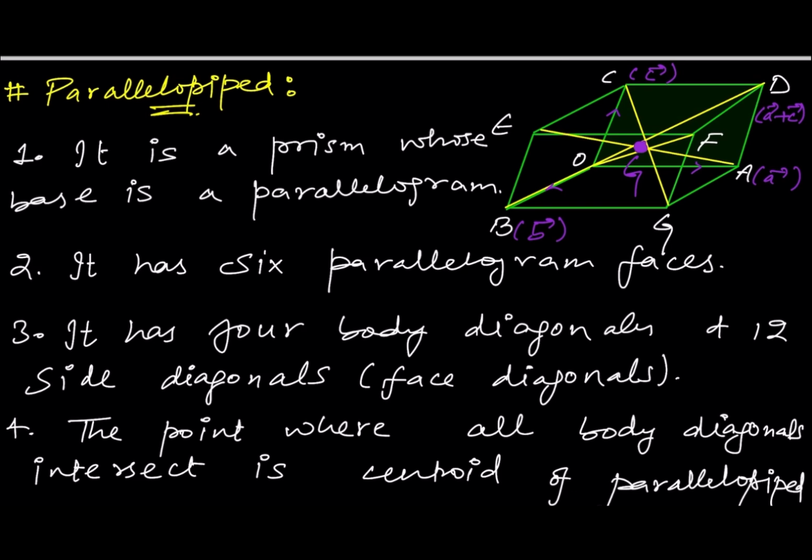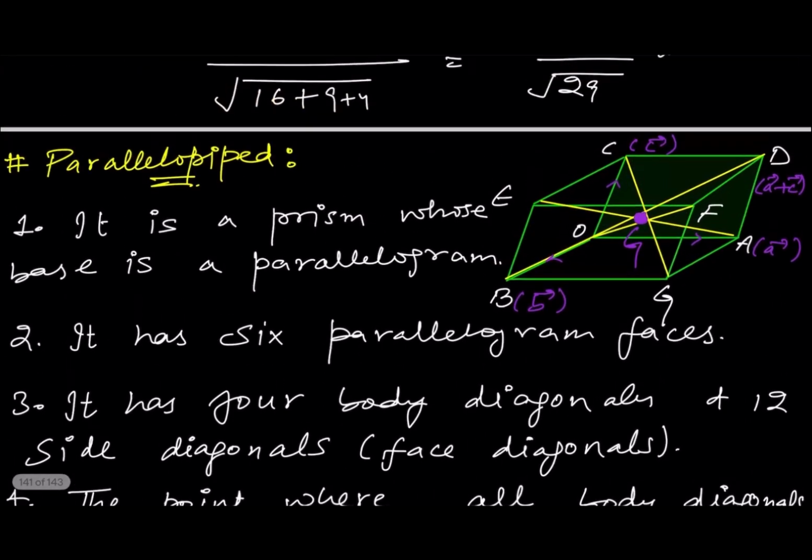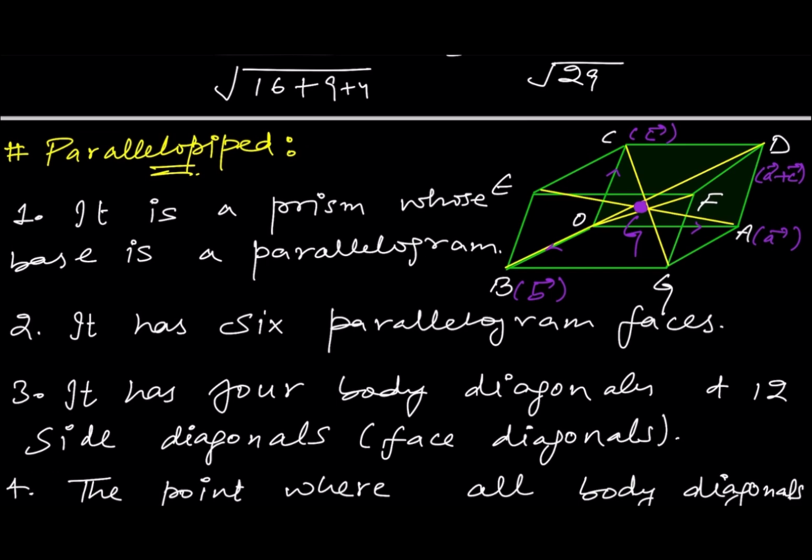I have to prove that this point of intersection is the point of concurrency, with the help of this statement that the centroid bisects body diagonals. So now the position vector of O is null vector. Also the position vector of G will be a vector plus b vector, right?